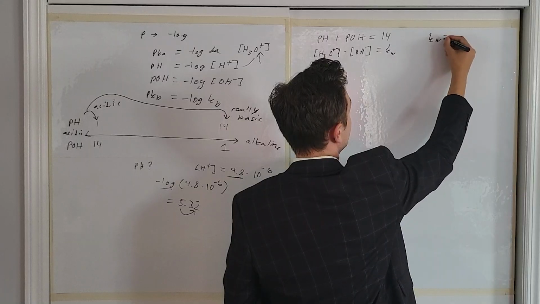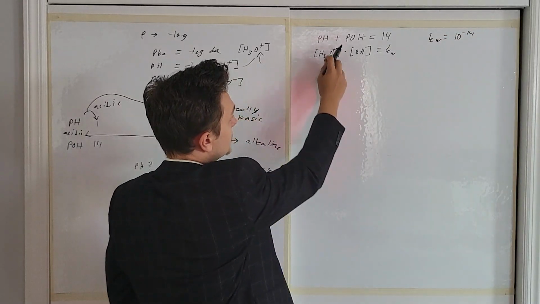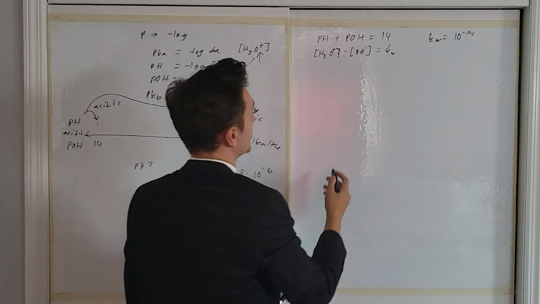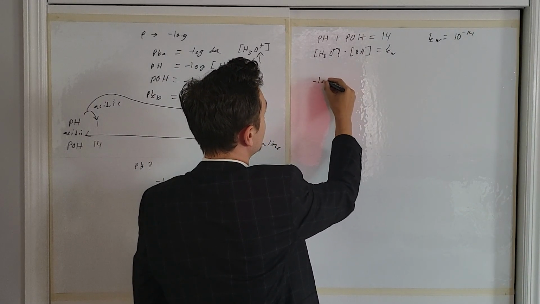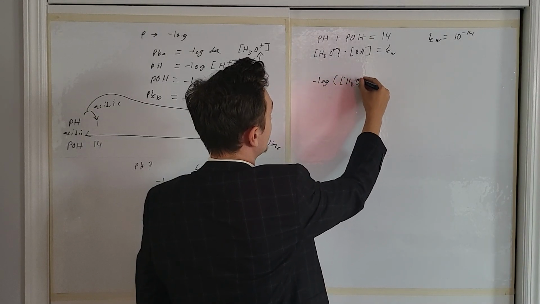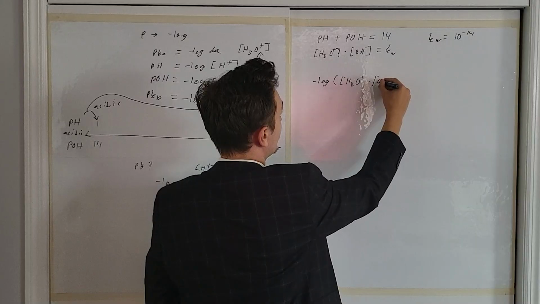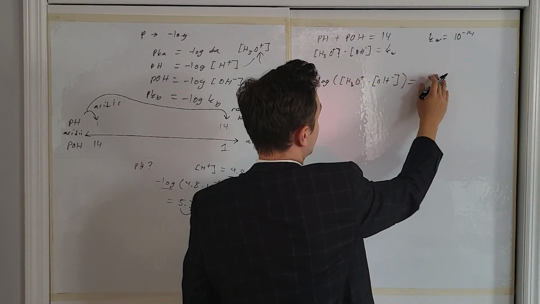Kw equals 10 to the negative 14. Now, these are really the exact same equation. If I take the negative log of the bottom, I'm going to have the negative log of the concentration of H3O+ times OH- equals the negative log of Kw.